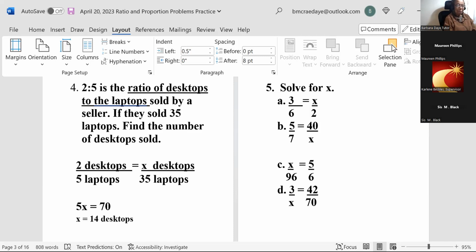You've got 4 different problems: A, B, C, D. In each case, solve for X. That means cross multiply. Tell me what you get for A. I want to find X. Find the X.